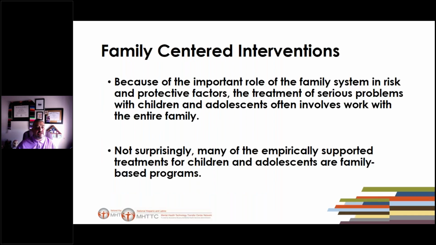So one thing that we want to make sure of also, again, as we start to look at family-centered interventions, the family system, we have to assess both risk and protective factors, and I think that's important. Either doing a list, the SIFTA intake tool has that, and we're going to introduce that here and talk about that a little bit. And then it's really developing strategies to help address those risk factors and protective factors.